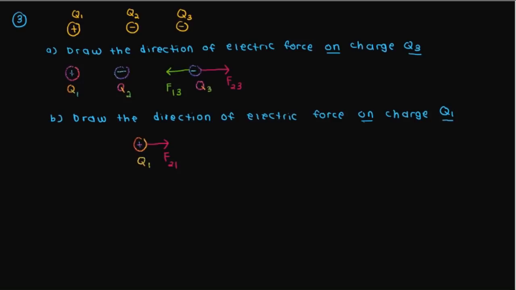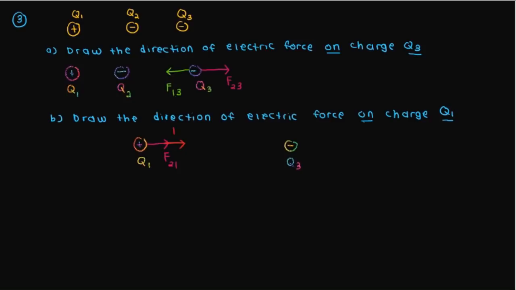Okay. So now the Q3 on 1, we rub the Q2 first. Draw the Q3, the Q3 over here. Okay, the Q3 is negative and Q1 is positive, so it will produce the attractive force. Attractive force means that it will move toward each other on charge Q1, so it will move to Q3. The direction is to Q3. You just draw the direction. You just stop out here.